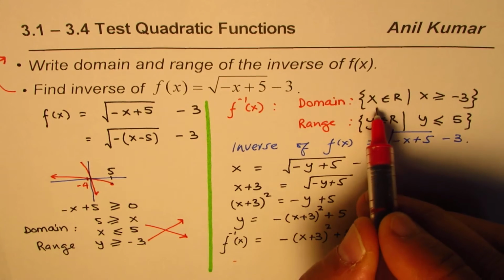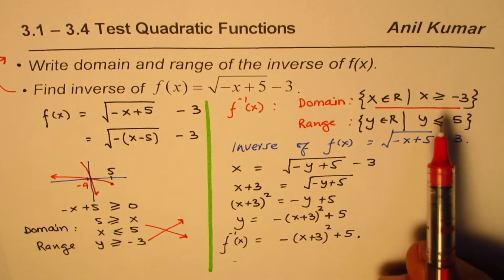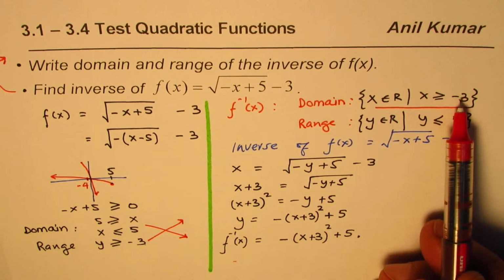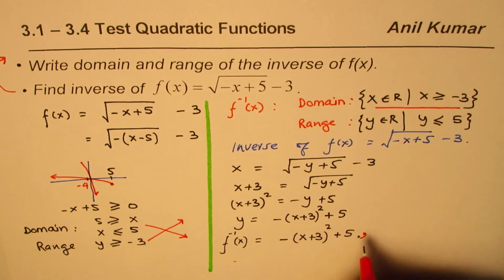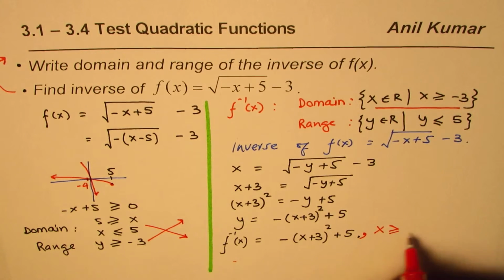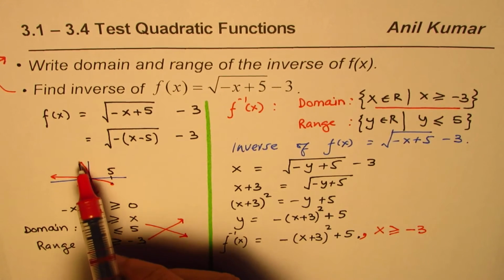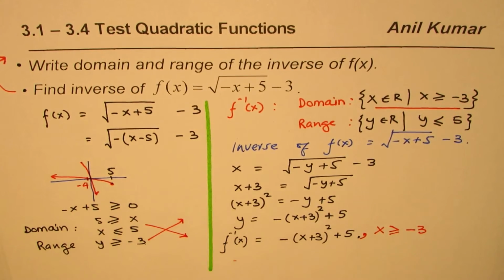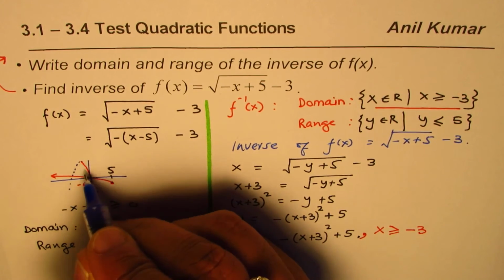Now, if you have done this first, you know very clearly that the x value should be greater than or equal to minus 3. So we have to put that restriction here, that this is valid only when x is greater than or equal to minus 3. That means we are only seeing the right side of the parabola, not the left part. You get an idea, right? Do you see that?